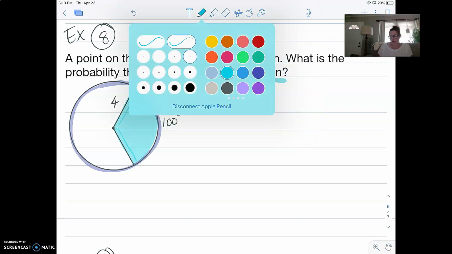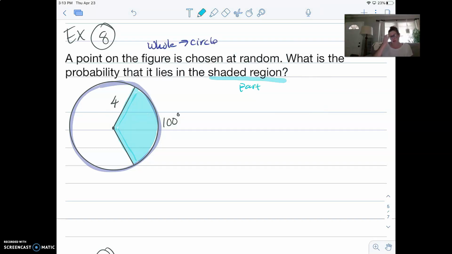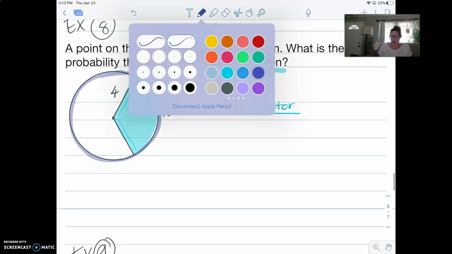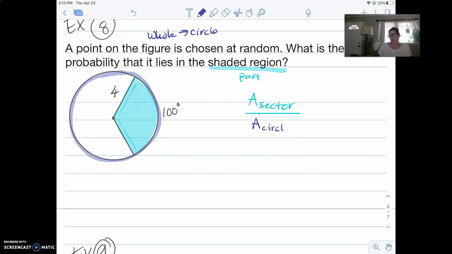So again, part over whole. Okay, so that means when we're talking about area, we're going to have to find the area of the sector, that's called a sector, if you remember, and divide by the entire area of the circle.